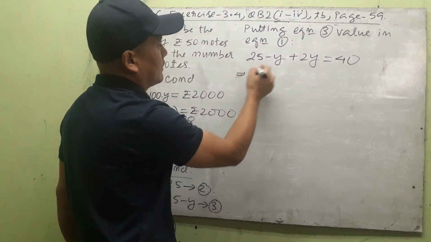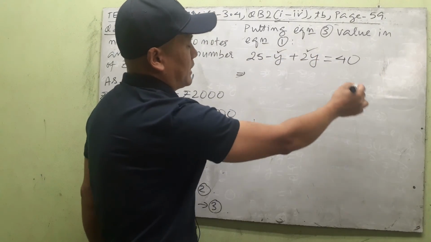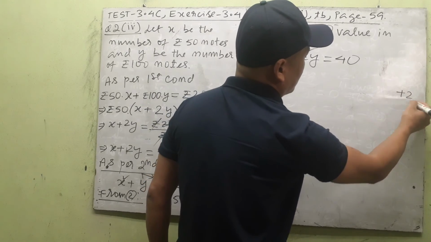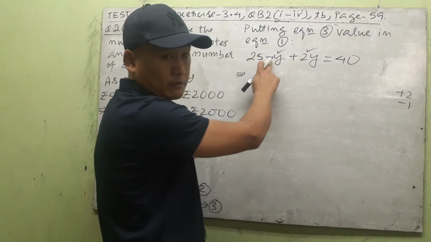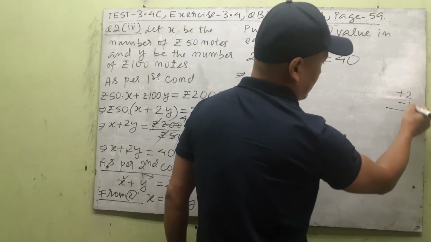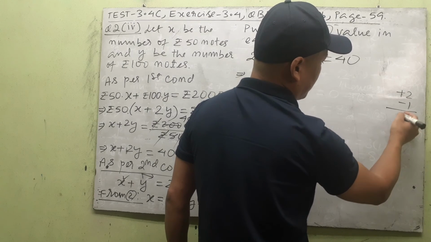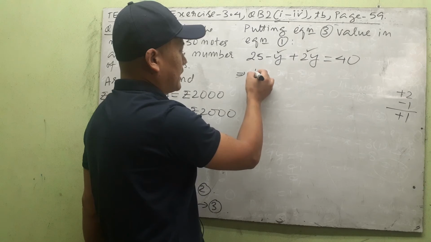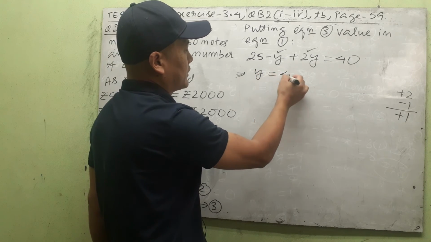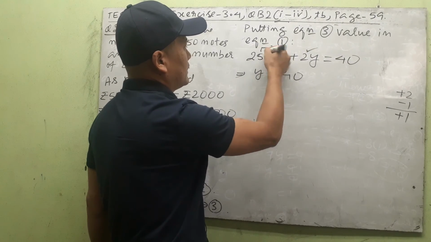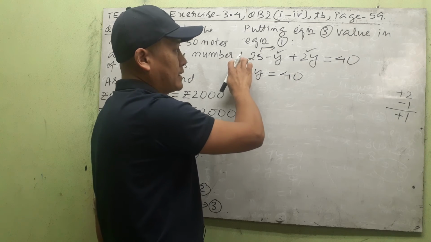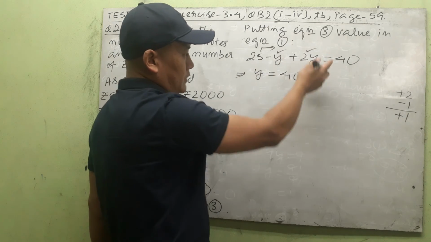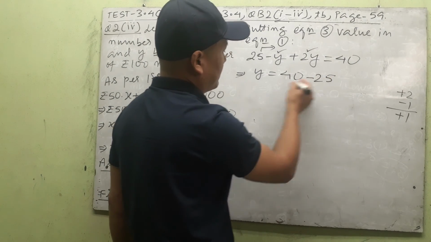That way, minus y plus 2y means plus 2 minus 1, because minus y means minus 1y. Subtract, so 2 minus 1, and the bigger one is plus, so here plus. So this minus y and plus 2y is plus 1y, equal to 40. And if you shift this, no sign in front of 25 means plus 25, shifted to the right side becomes minus 25.